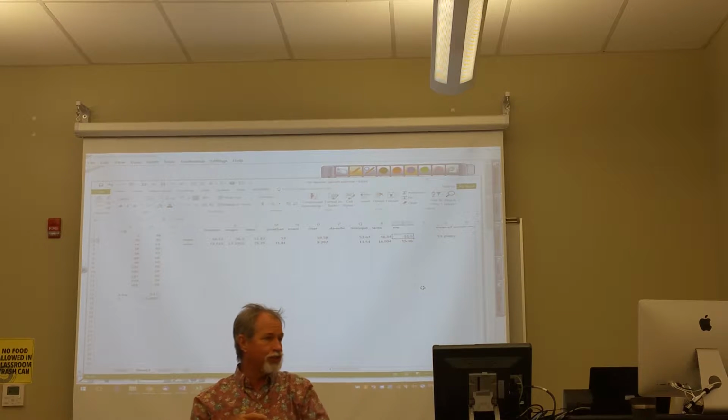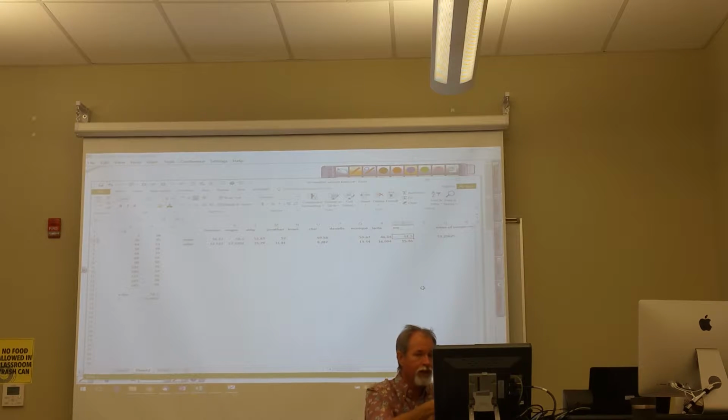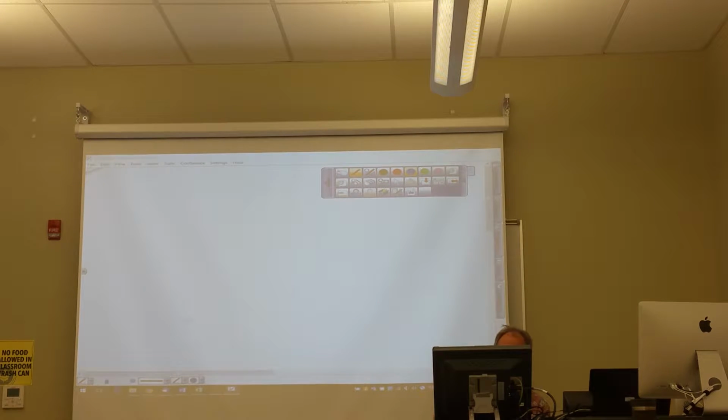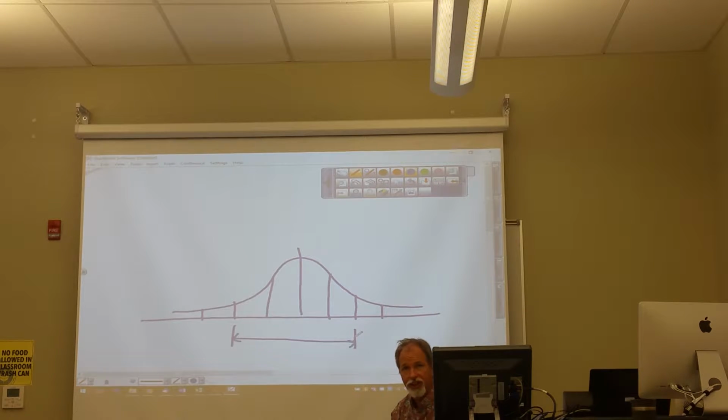So what we start to do is we look at that, and when we look at a standard curve, if we go out 2 standard deviations, how much of the data do we expect to get?